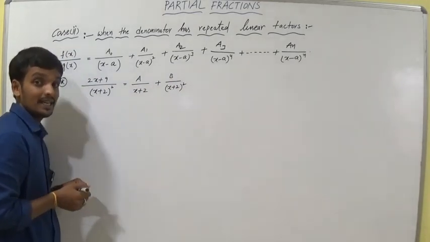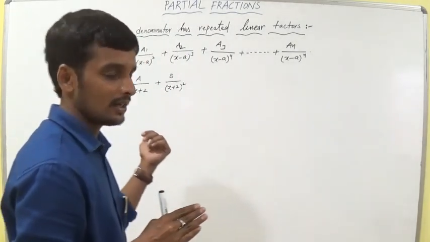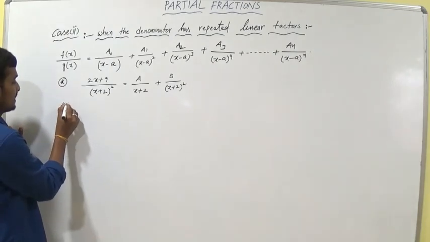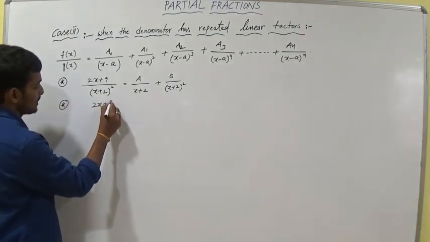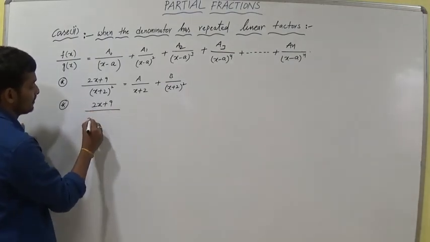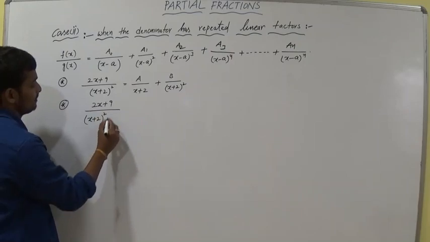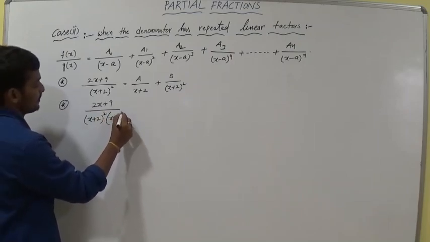For example, it has a mixed case. I wrote it roughly on the board. How is it mixed? For example, the same problem, 2x plus 9 by (x plus 2) whole square into (x plus 3).